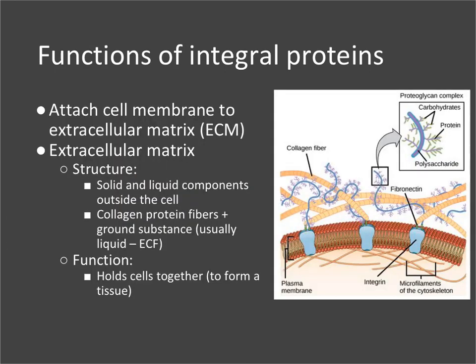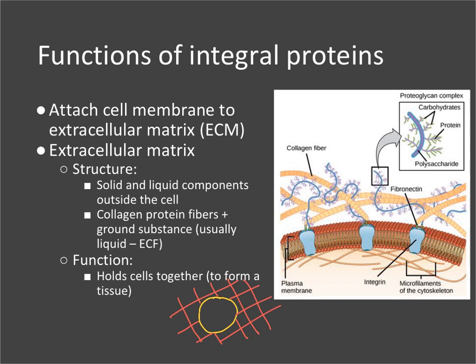Integral proteins might also help to just anchor the cell in place. So we haven't really talked too much about this thing called the extracellular matrix, but basically you have cells, and surrounding the cells you have this kind of matrix of proteins. The matrix might take on different shapes and might be made of different types of proteins, but you can think of it as this mesh that the cells are held in place by.